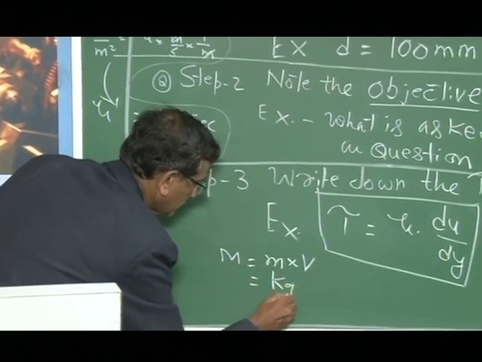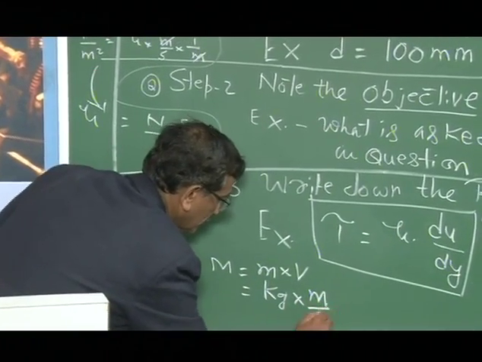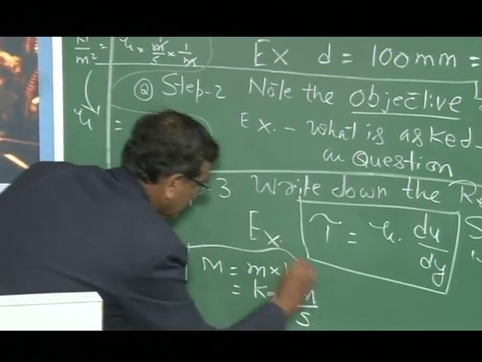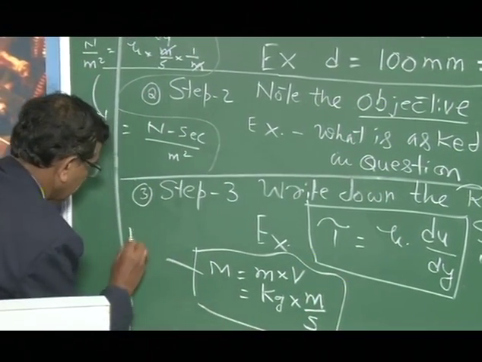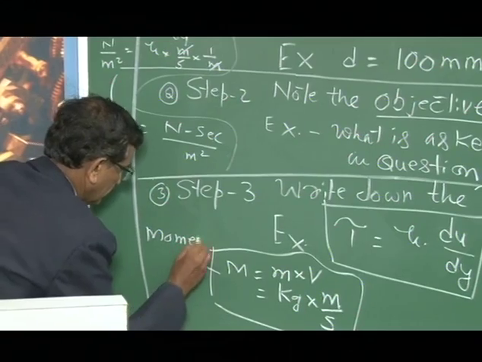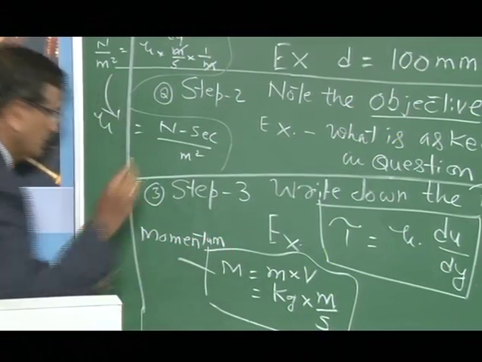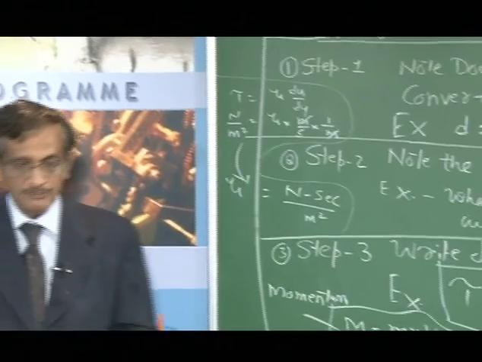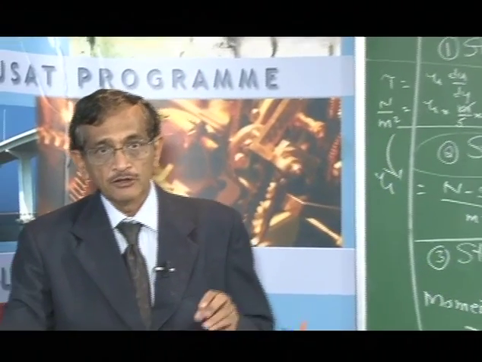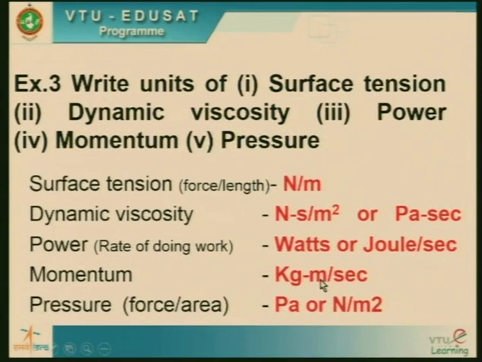Mass is in kg, velocity is meter per second. So, momentum can be defined based on the fundamental dimensions, mass, that is kg, into velocity, meters per second. Is it okay?